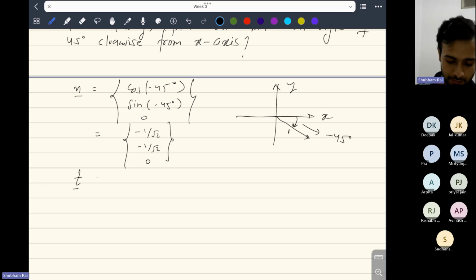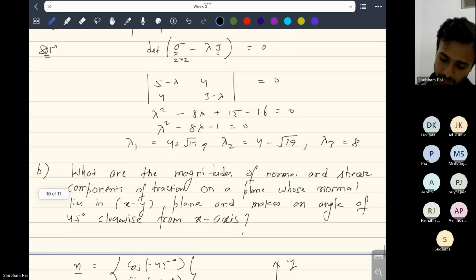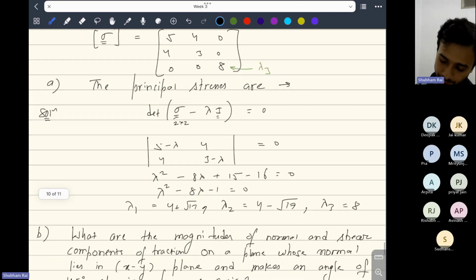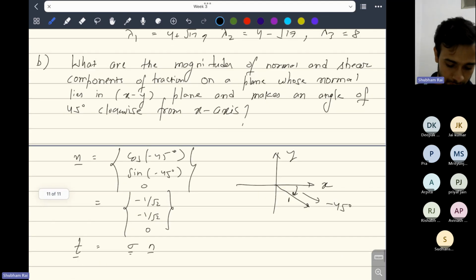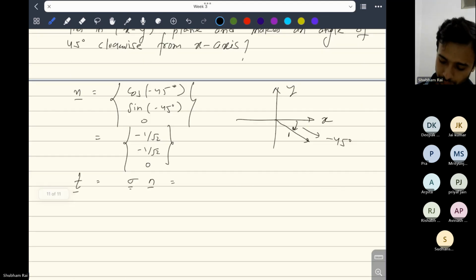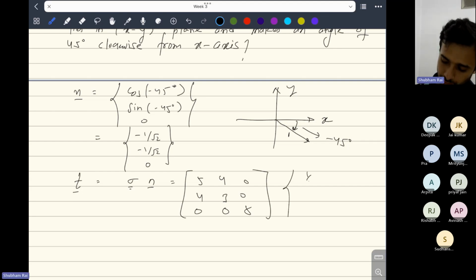So T will be equal to sigma times n. You have n, you have sigma, just find T. So you put 5, 4, 0; 4, 3, 0; 0, 0, 8 here, and n as minus 1 by root 2.